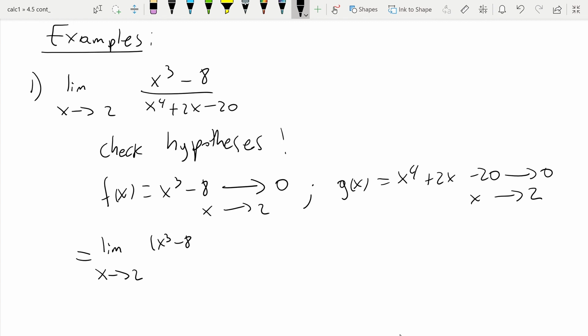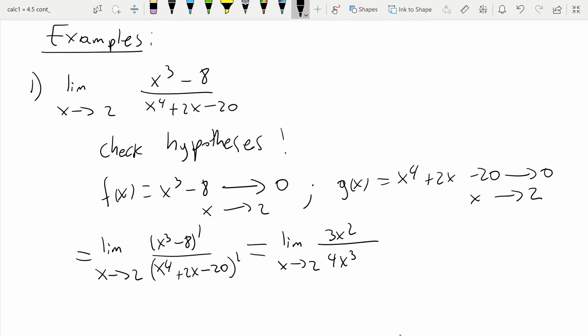So the derivative of x cubed minus 8 divided by the derivative of x to the fourth plus 2x minus 20, and that is equal to the limit as x approaches 2 of 3x squared divided by 4x cubed plus 2. And here at this point we can simply go ahead and apply our limit laws.